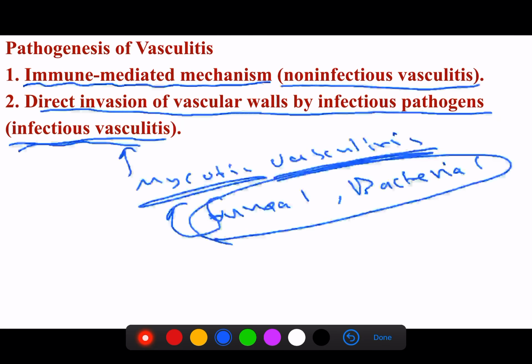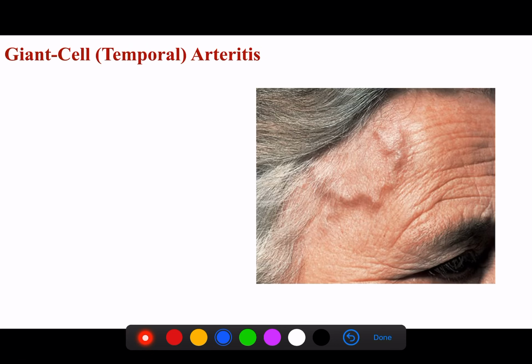The immune-mediated mechanism. We have many examples of this vasculitis. The most important one is called giant cell arteritis, also called temporal arteritis.